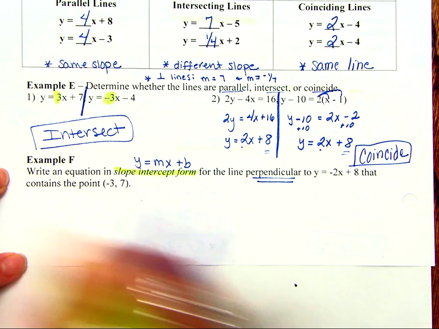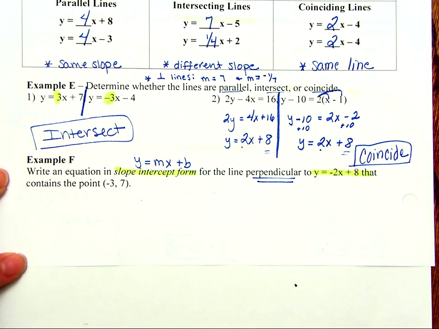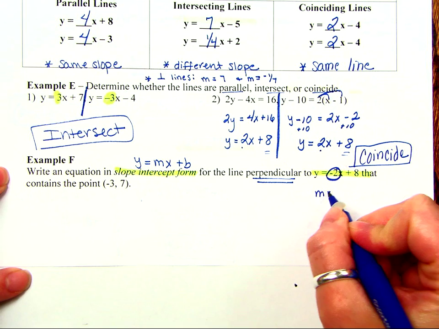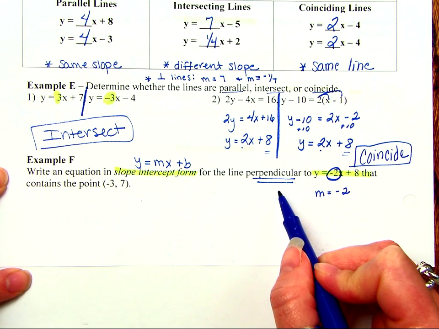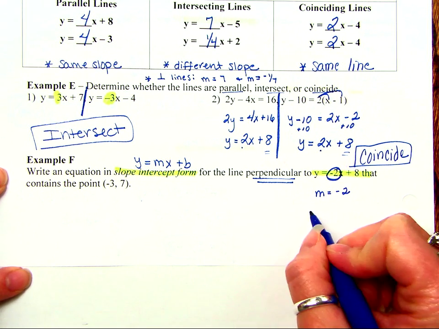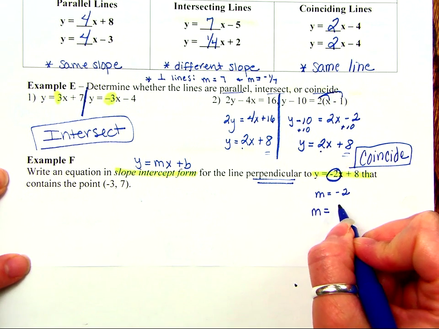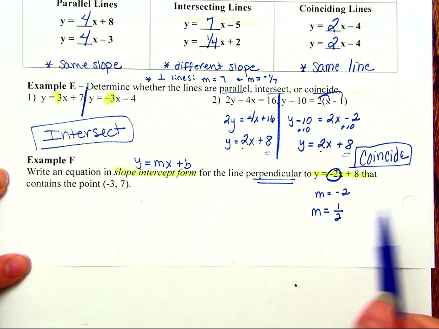If it is going to be perpendicular to this line, I always say a starting point is to think about your slope. This line has a slope of negative 2, but our line is going to be perpendicular to that. So we're not going to use a slope of negative 2, but a slope of positive 1 over 2, the opposite reciprocal.